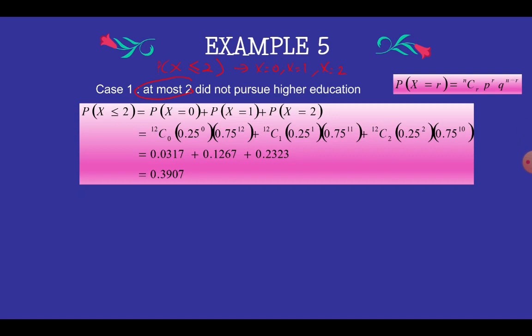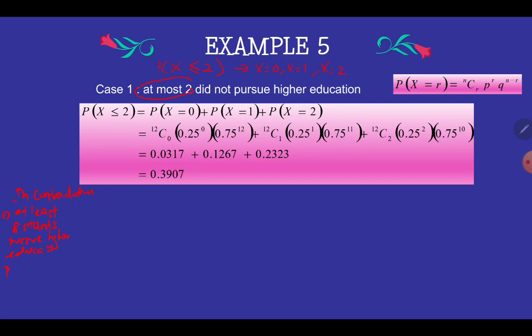Contradiction with that, when we said that at most 2 did not pursue higher education, that means at least 10 students pursue higher education, right? So in contradiction, at least 10 students pursue higher education.